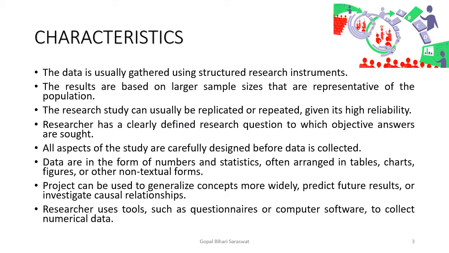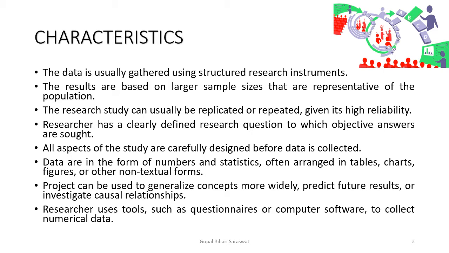There are different characteristics of quantitative data. For example, the data in quantitative methods is generally gathered using a structured instrument called a questionnaire. The results are based on a large sample size that is representative of a population. The research study can usually be replicated and repeated given its high reliability.